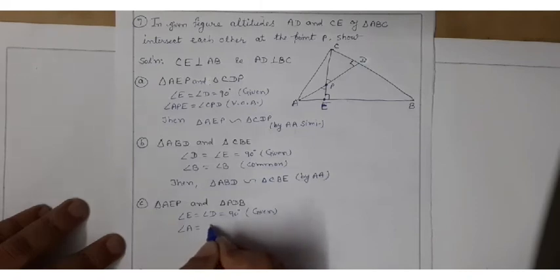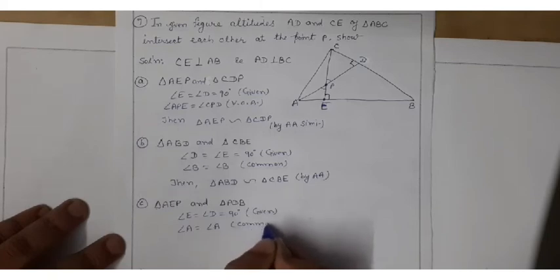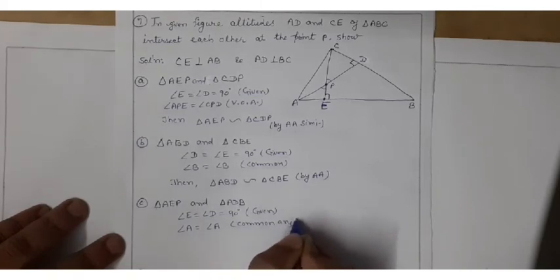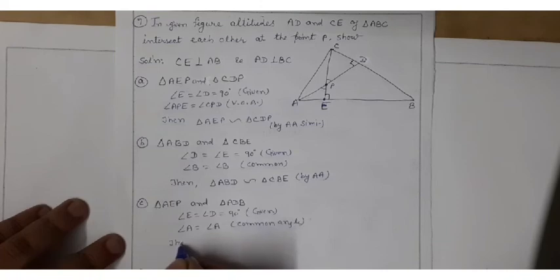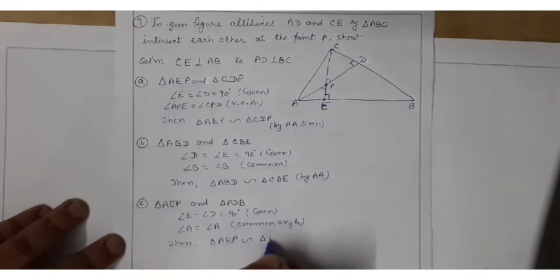Then triangle AEP should be similar to triangle ADB by AA similarity.